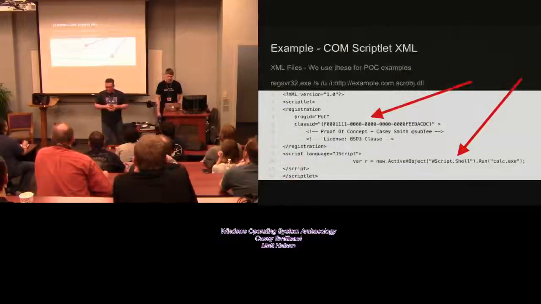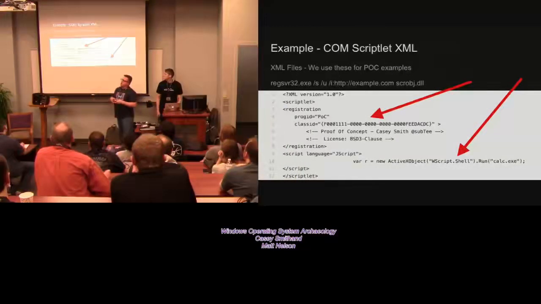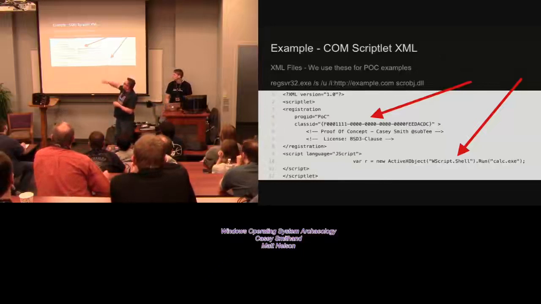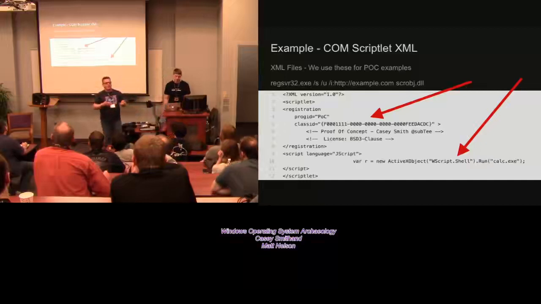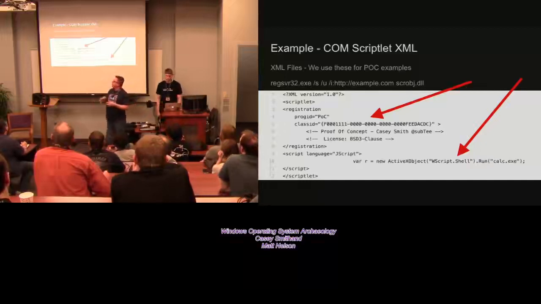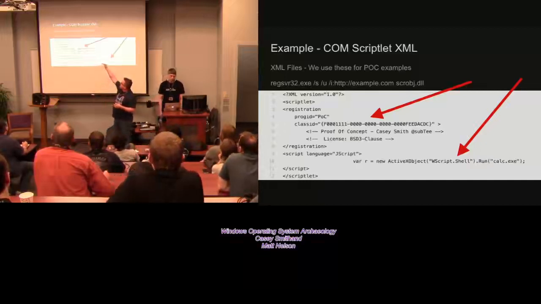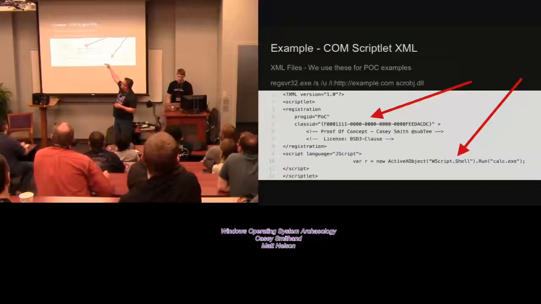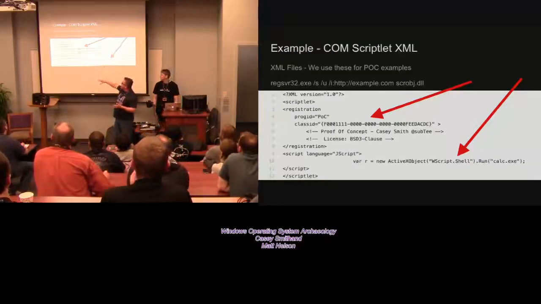So this is an example of an SCT file, a COM scriptlet file, and it was a way for you to back a COM object, not by a binary on disk, but by a text file. And you can see one way you might call a COM object like this is using a tool called regsvr32. And I'll reference my blog if you want to learn more about that. But what's interesting here is the XML definition is at the top, really the first 8 lines of code.